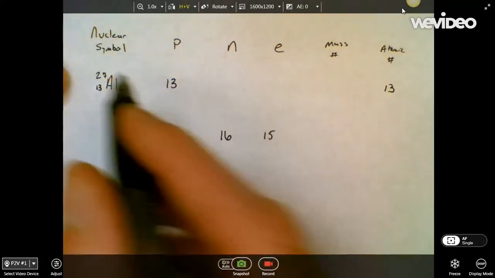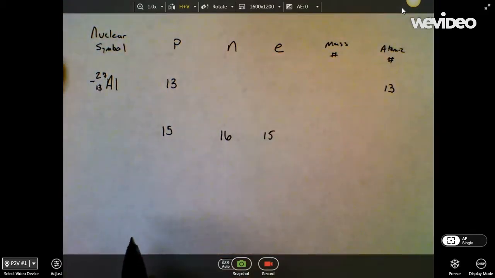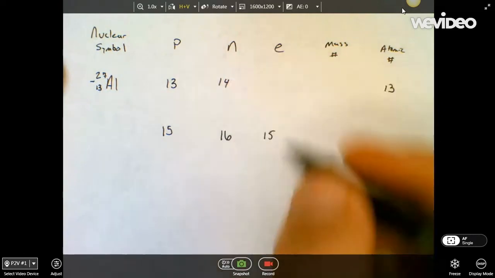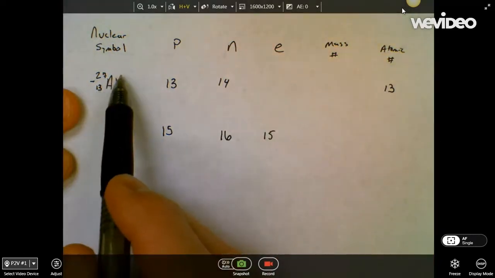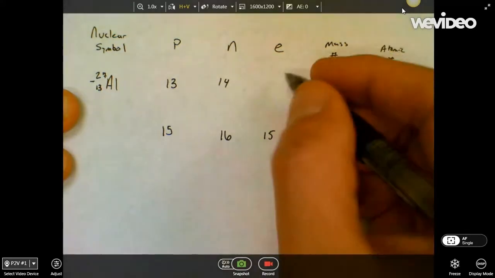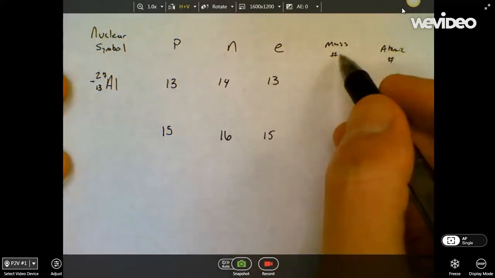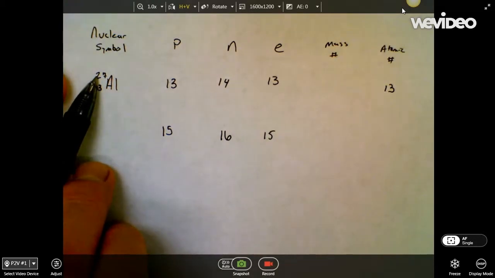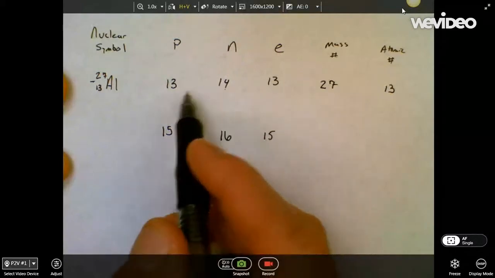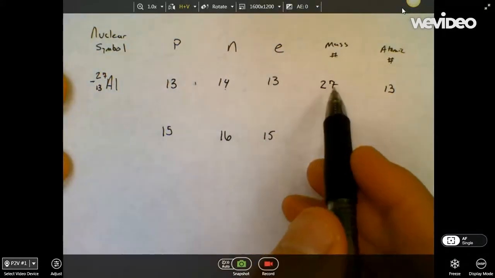To get my neutrons, I'm going to do top left minus bottom left. 27 minus 13 is 14. And then you're going to do your bottom left minus your top right. So 13 minus no charge, so 13 minus 0 is also 13. The mass number is your top left number, or it's protons plus neutrons. 13 plus 14 gives you 27.